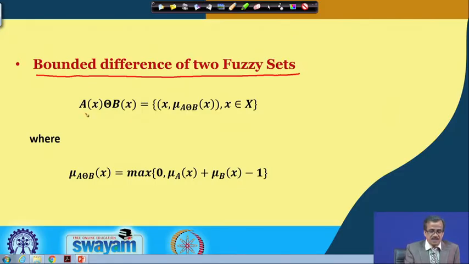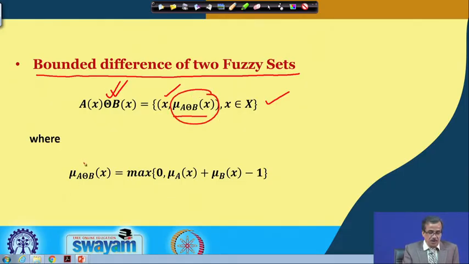Now, the two fuzzy sets are nothing but A(x) and B(x), and we try to find out the bounded difference. Now, this particular symbol is actually the symbol for the bounded difference, okay, and this is nothing but x such that it has got the membership function value, which is nothing but A bounded difference B(x), x belongs to capital X. Now, how to define this particular membership?